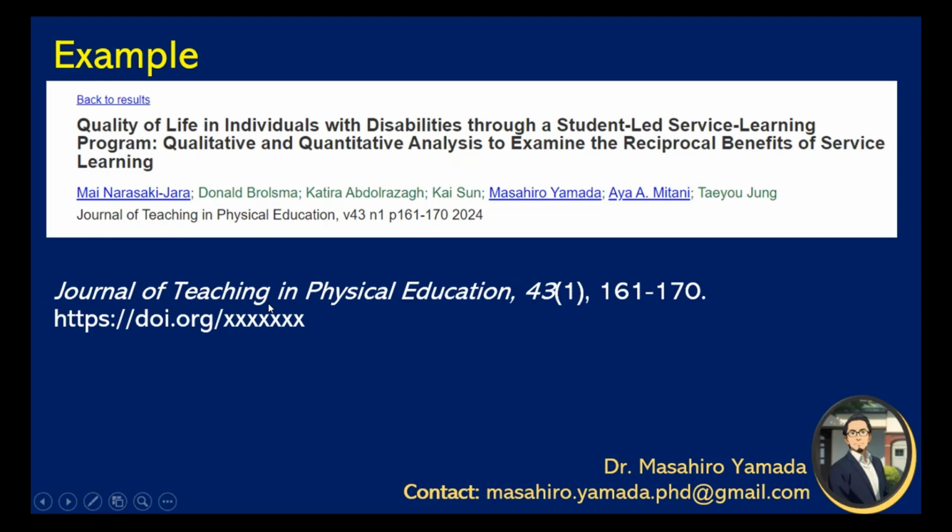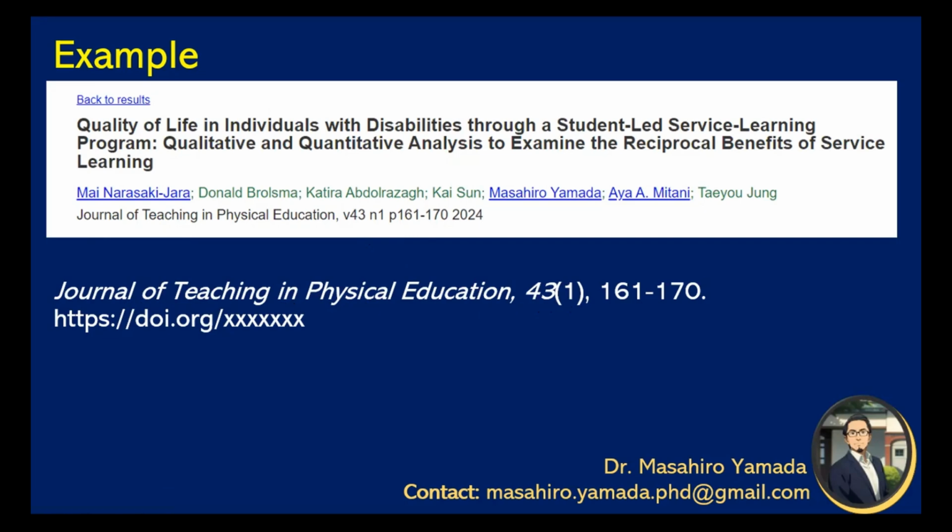And you italicize everything after the name of the journal, comma, and the volume number here. So you ignore V here. So 43 should be italicized, and the issue number should be enclosed in the parenthesis.